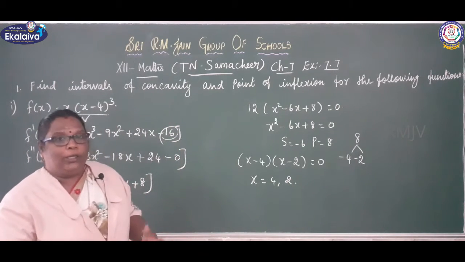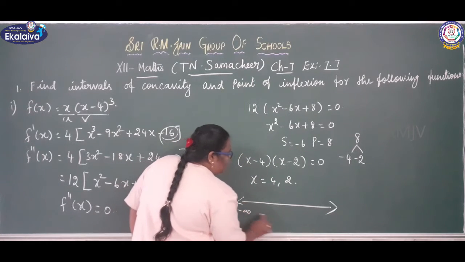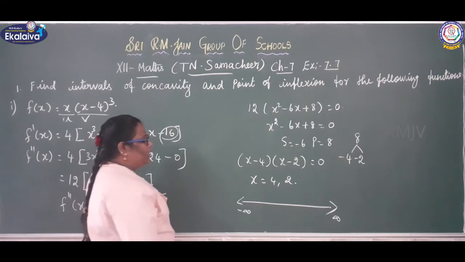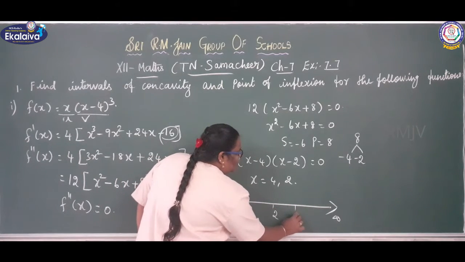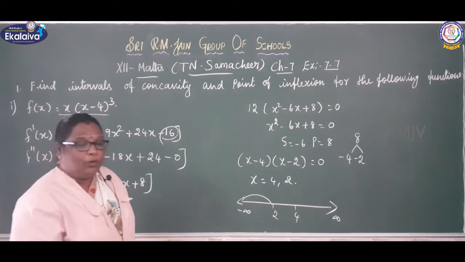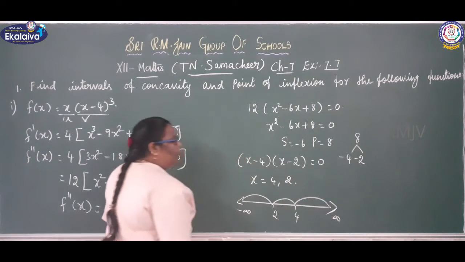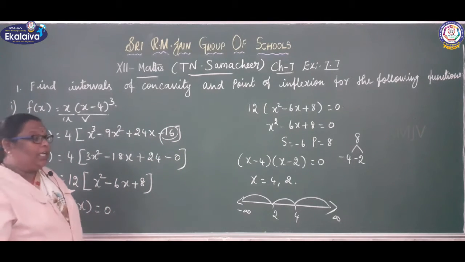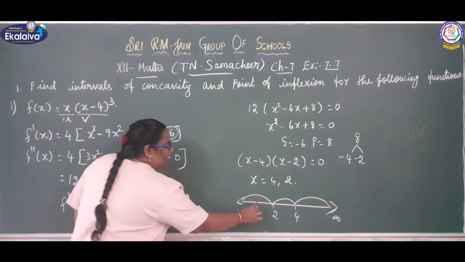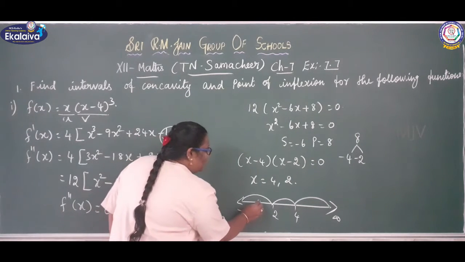So, we have to draw the line. Minus infinity to plus infinity. Mark 2 and 4. You can take the intervals minus infinity to 2, 2 to 4 and 4 to infinity. For minus infinity to 2, you can take the value 0, and put a dot.